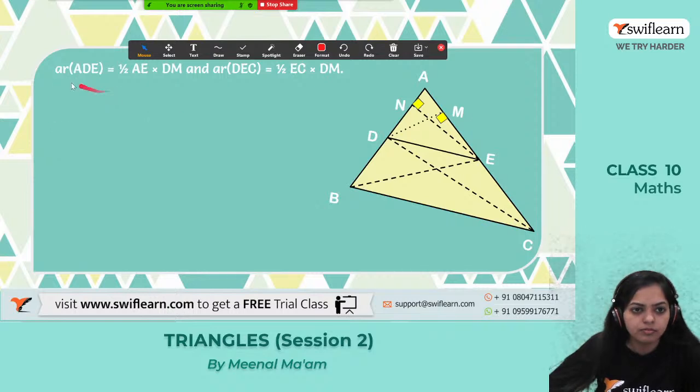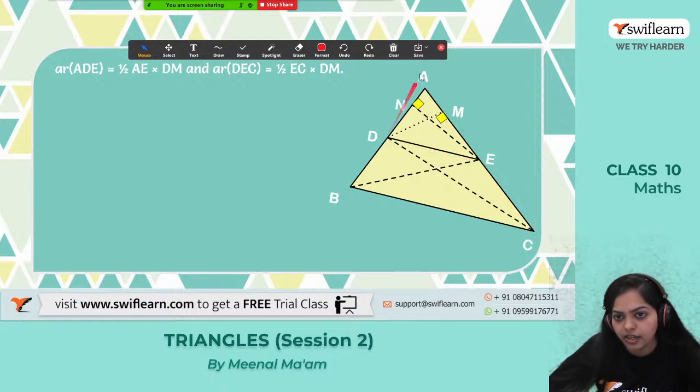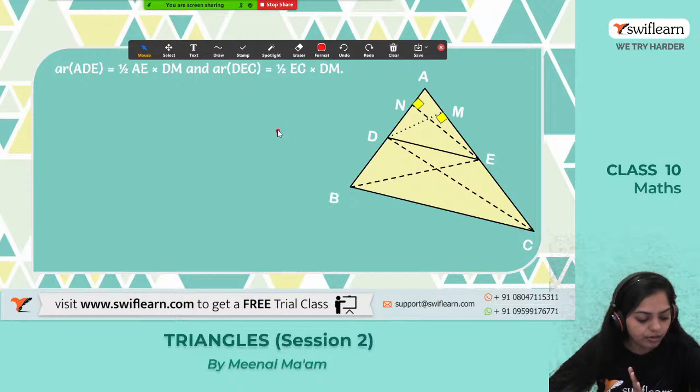Now area of triangle ADE is equal to half. If I talk about this triangle ADE, its area will be equal to, if I take this as a base, half AE, and then my height will be DM. Yes, any doubt? No. So area ADE is equal to half AE into DM.